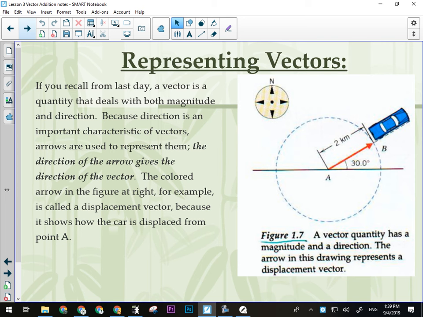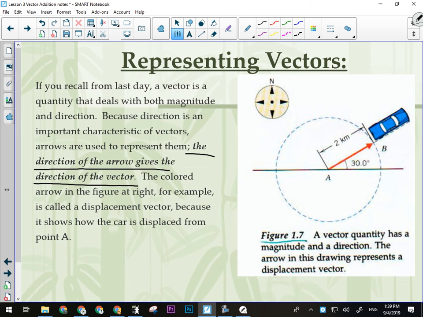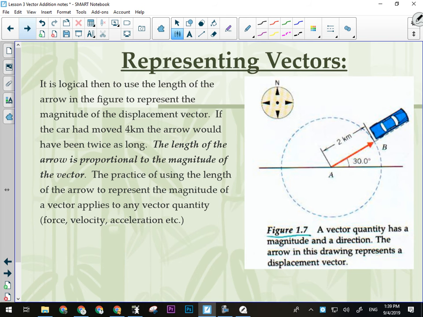Draw the arrow, and then draw it in the direction that it is supposed to be pointing. So the big thing here, the direction of the arrow gives the direction of the vector. That's super important. And then on the next slide, the length of the arrow is proportional to the magnitude of the vector. Right? So a 4 kilometer vector would need to be drawn twice as long as that arrow was.